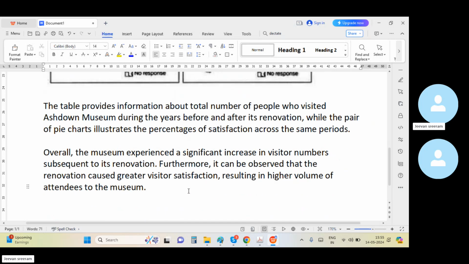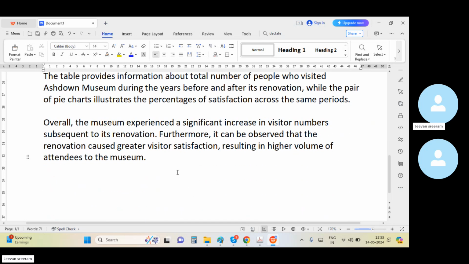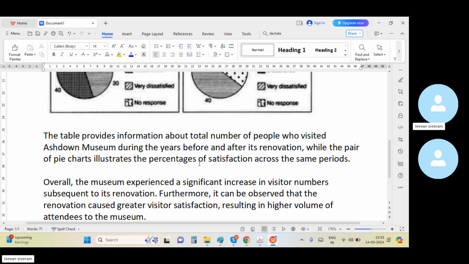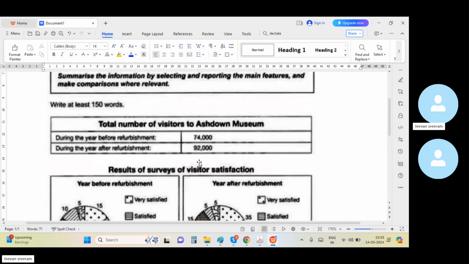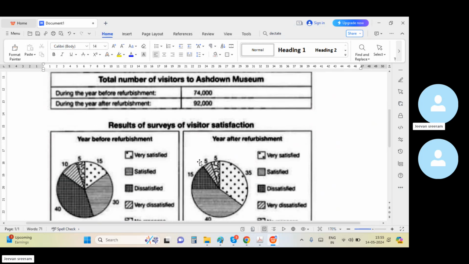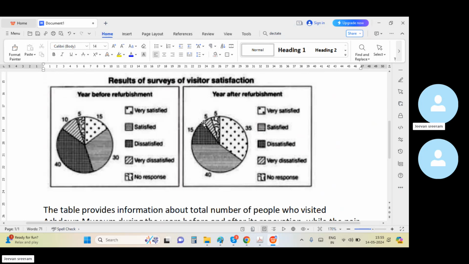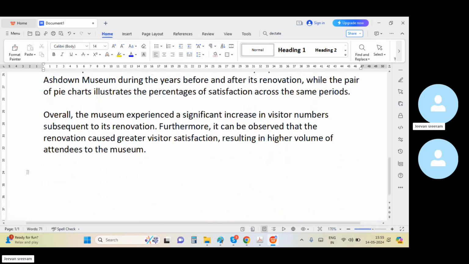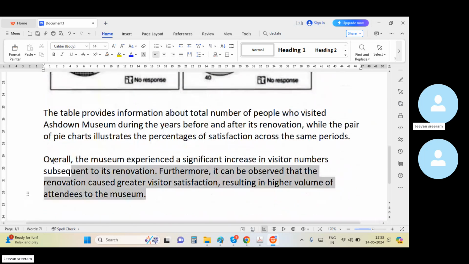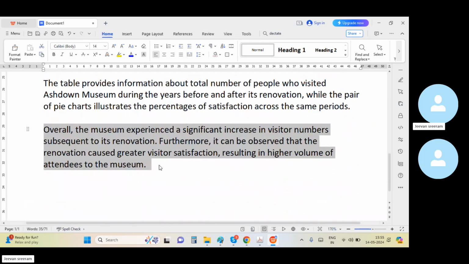So this is the overview. Any doubt with this? Let's move on to the first body paragraph. Let me divide the body paragraphs in the same order of the diagrams given. I mean, one body paragraph for the table, another body paragraph for the set of pie charts. Okay. Now this is the overview. The same can be rewritten with different vocabulary, different sentence structures as part of the concluding paragraph.